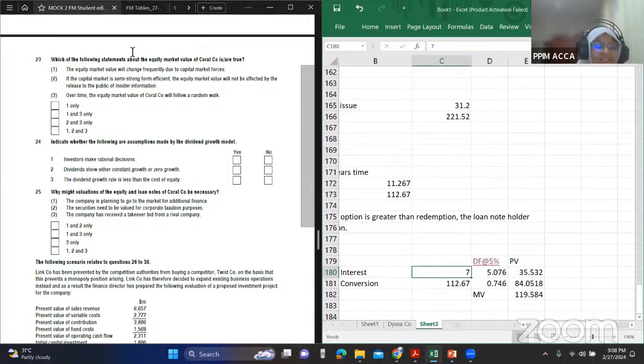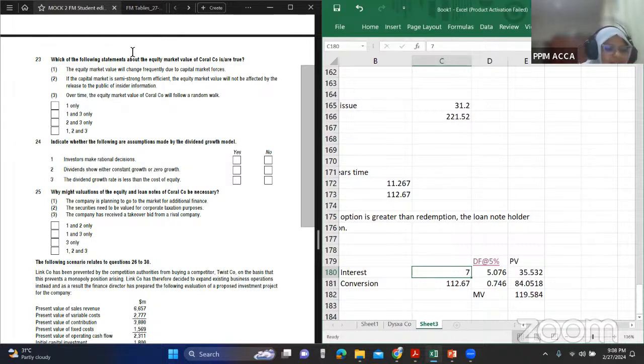That's wrong. Because if you're semi-strong form, then the share price in the market will reflect all public information. But if there is private, insider information, then definitely the equity market value will be affected, because it won't reflect the insider information. So the second is wrong. Over time, the equity market value of Coral will follow a random walk. That's also true. So the answers are 1 and 3.